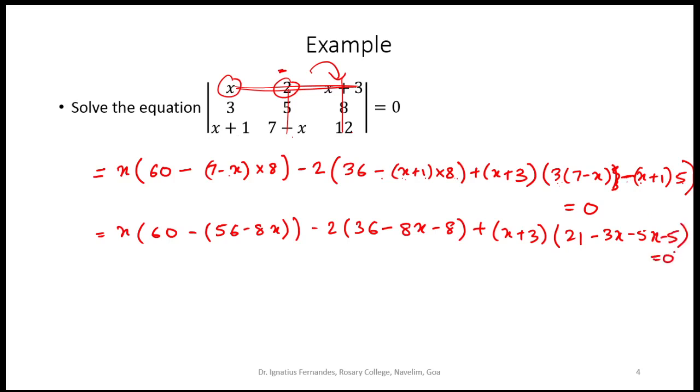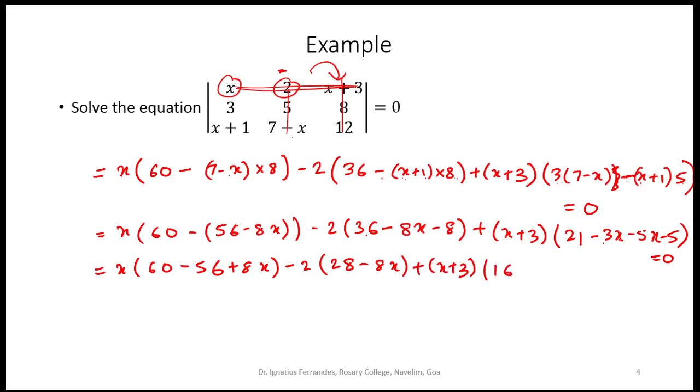This is equal to 0. So x into 60 minus 56, minus into minus 8x is plus 8x, minus 2 into 36 minus 8 is 28, minus 8x, plus x plus 3 into 21 minus 5, that is 16, and minus 3x minus 5x is minus 8x, equal to 0.